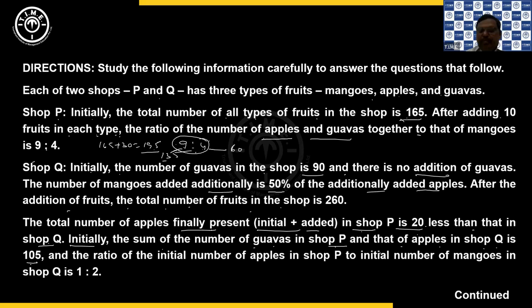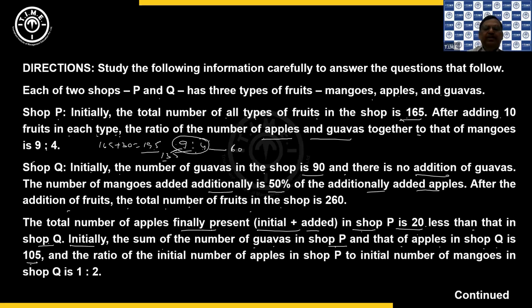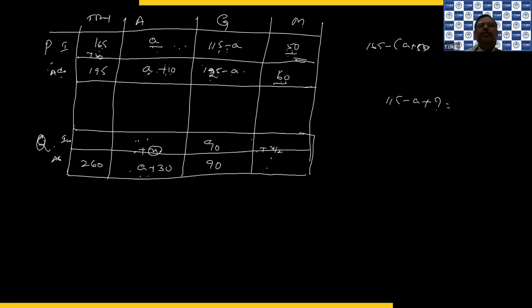Shop P guavas initially is 115 minus A, and the apples initially we don't know, let it be a question mark, equals 105. So what does this mean, students?